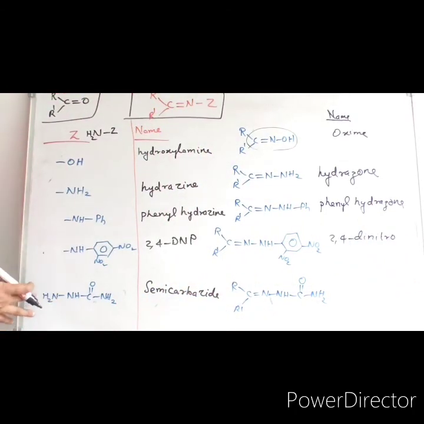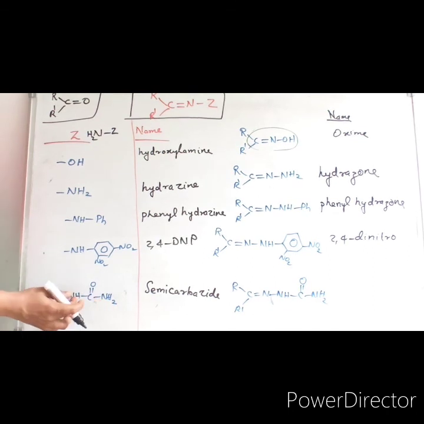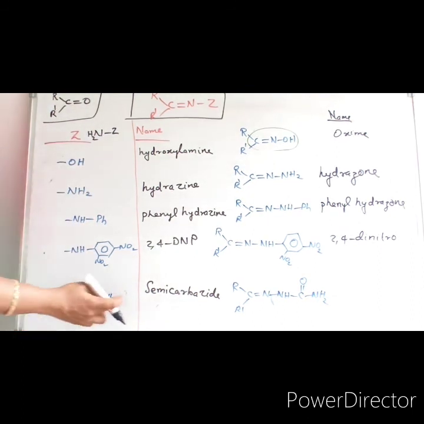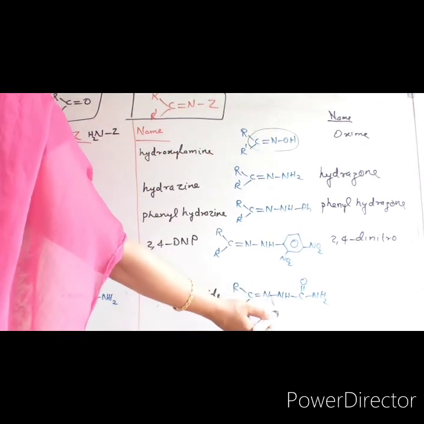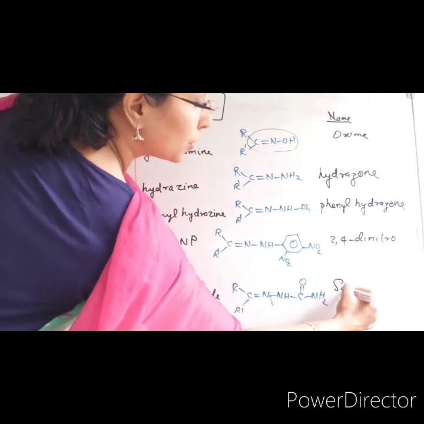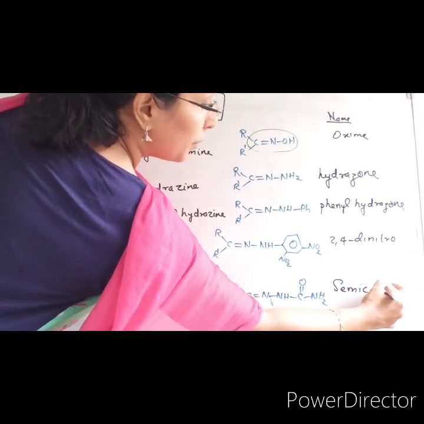Now you will be taking Z as NHCONH2. This is a urea derivative, right? NH2CONH2 is urea. Then one hydrogen is replaced and you will be getting NH2 over here. In that case it is called semicarbazide, and you will be getting the addition product like this, and this is called semicarbazone.